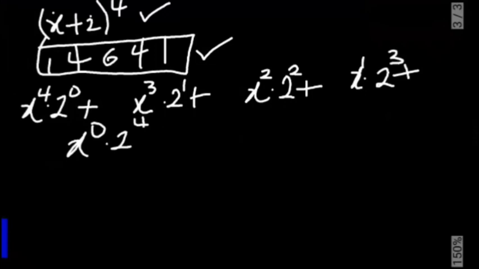So now, what is the use of the space we have left? In front of these terms here, we are going to insert the coefficients from the Pascal triangle. The first coefficient is 1 from the Pascal, multiplied by 1. The second term here is 4.